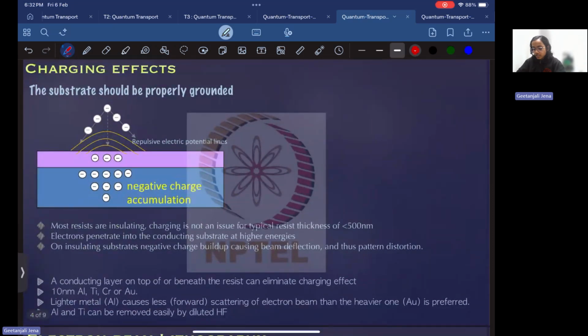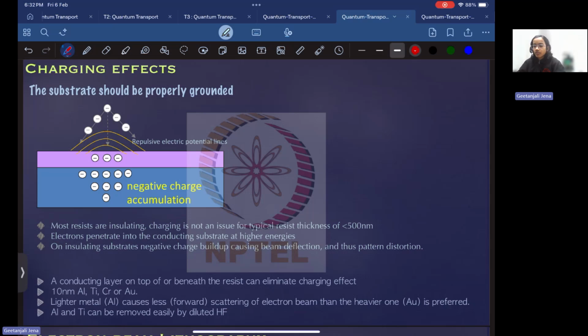And the next difference that we have from photolithography to electron beam lithography is the charging effect. In photolithography, we use optical radiation, which is a chargeless particle, so there is no concept of charging effect on the substrate whenever the optical radiation hits the sample.